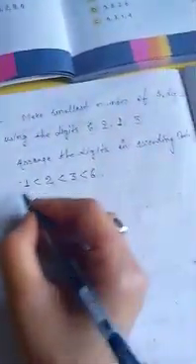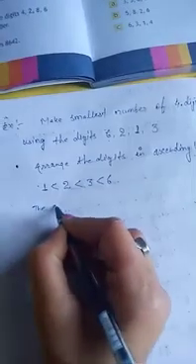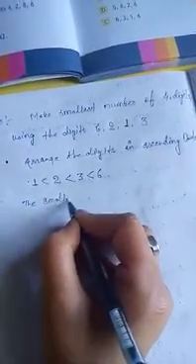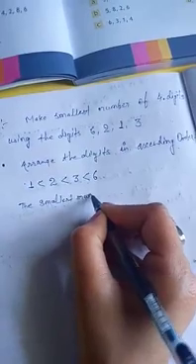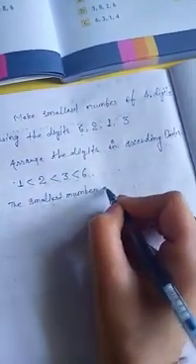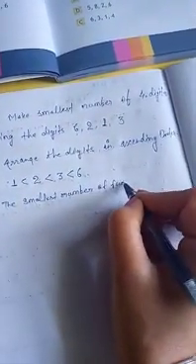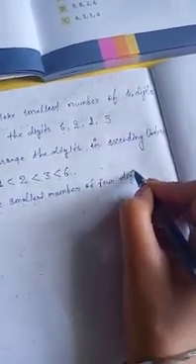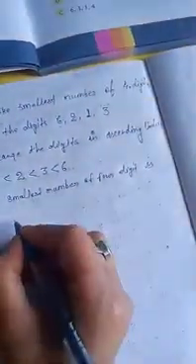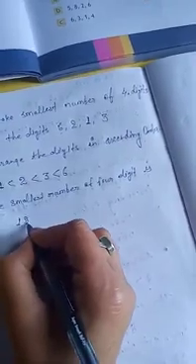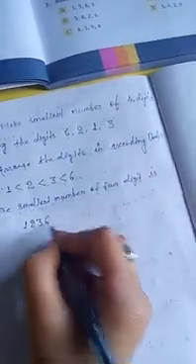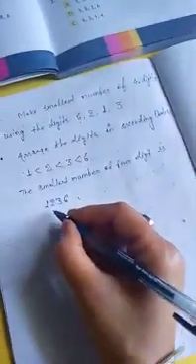Okay, now the smallest number of 4 digits is 1, 2, 3 and 6, means 1236. Okay, clear?